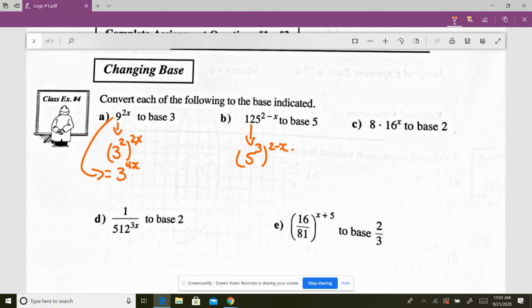And you think back to math 10, and you go, okay, I'm multiplying these two things. So that 3 has to be multiplied to both 2 and negative x. The distributive principle. So this becomes 5 to the power of 6 minus 3x.